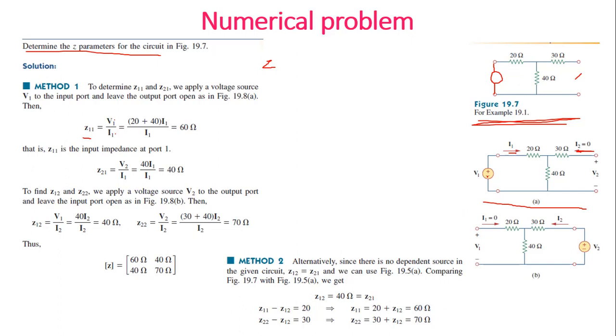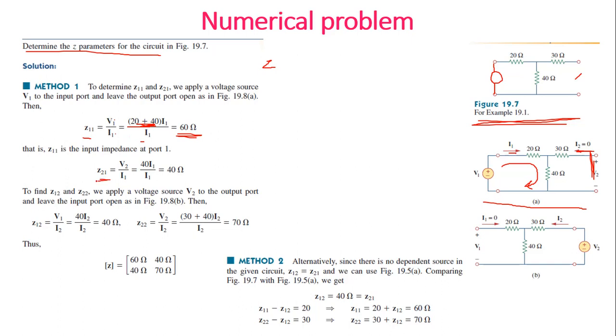So how can we write V1? We are considering only this loop because here it is open circuited. So this will be 20 plus 40 into I1, which is equal to V1, and I1 is I1. So this will give you the Z11 value.